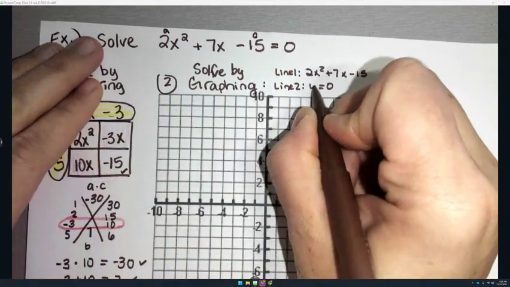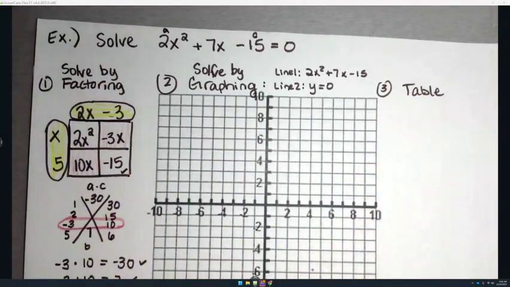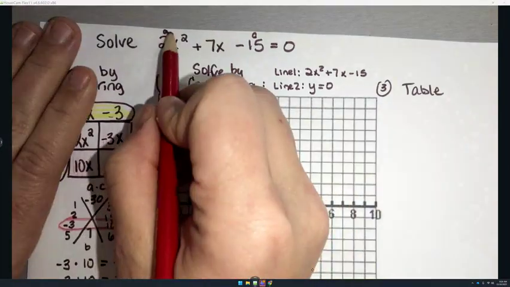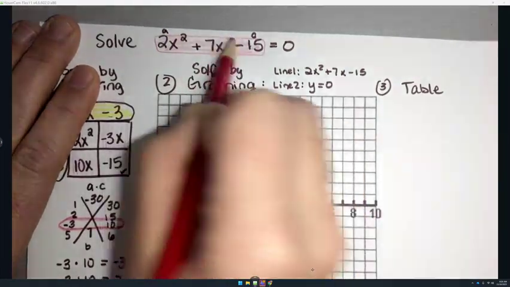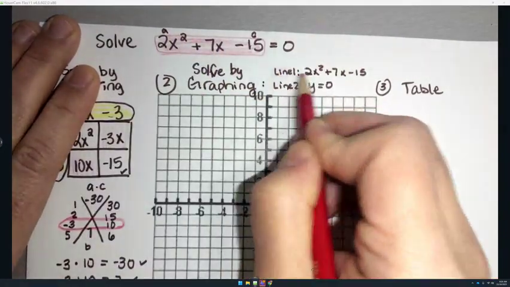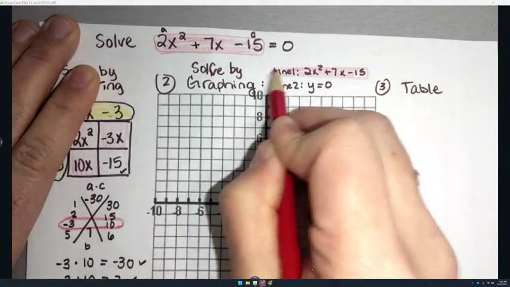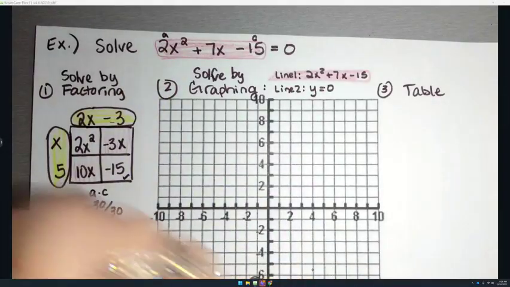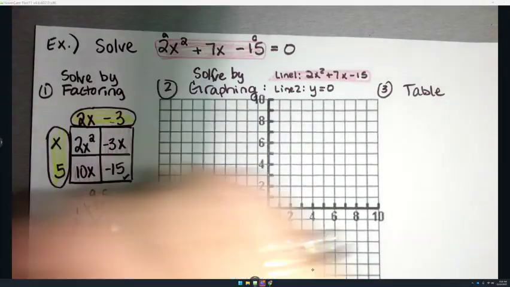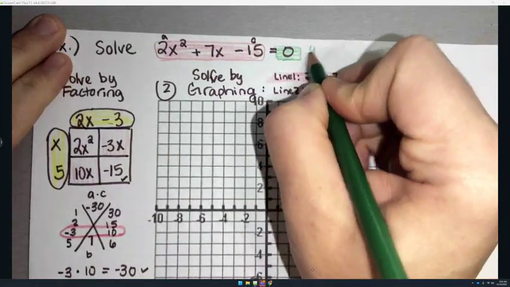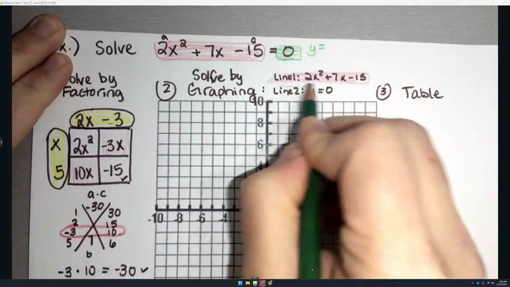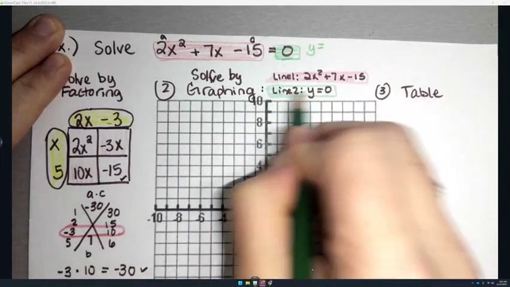Y. Good. Y equals 0. So if you are allowed to use Desmos to solve, do it. Because all you have to do is just type this right here into line 1. And then type this right here into line 2. You just have to remember that you have to put a y equals in front of this. Can you do that right now for me, please?